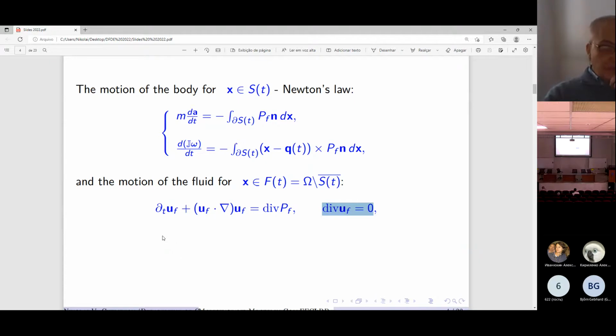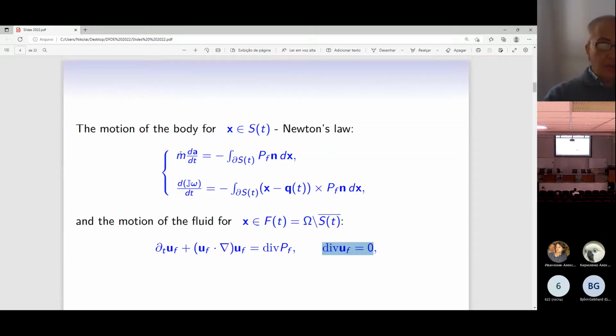And having in hand these laws, the first one the Newton law and the second one the Navier-Stokes equation, we are interested in the consideration that our fluid and the body are inside some bounded domain.